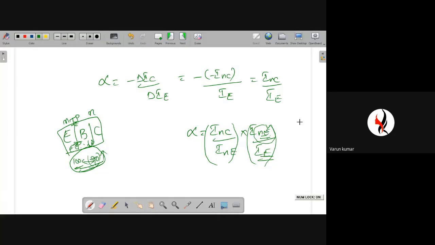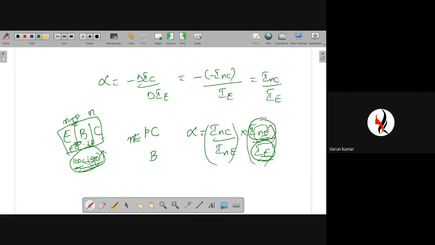That recombination makes the emitter efficiency lower. If fewer electrons reach junction J, then after recombination very few electrons will reach the collector.